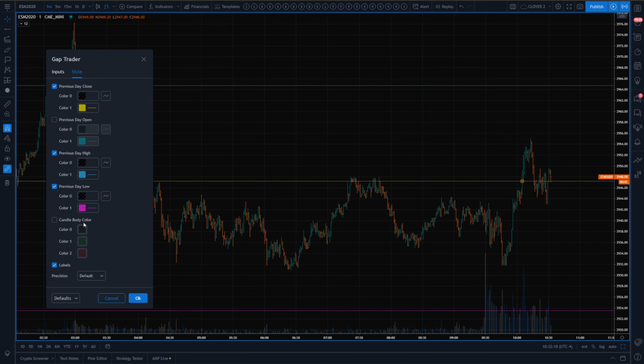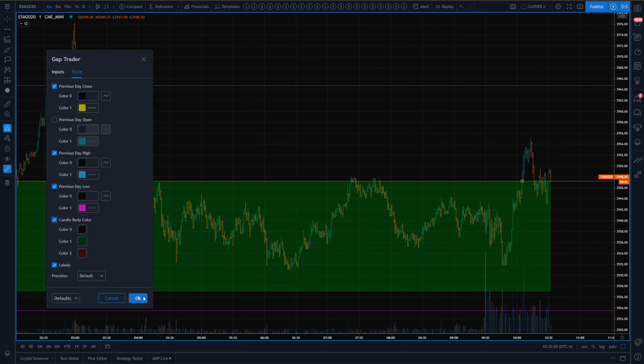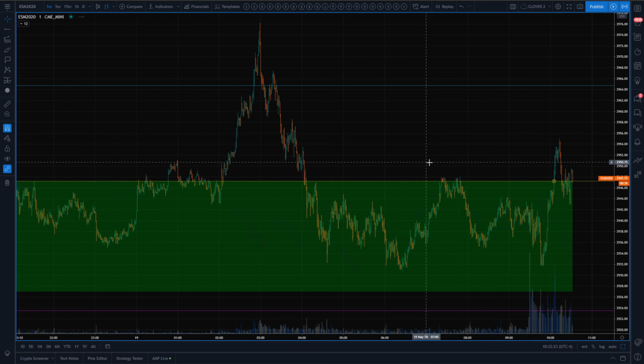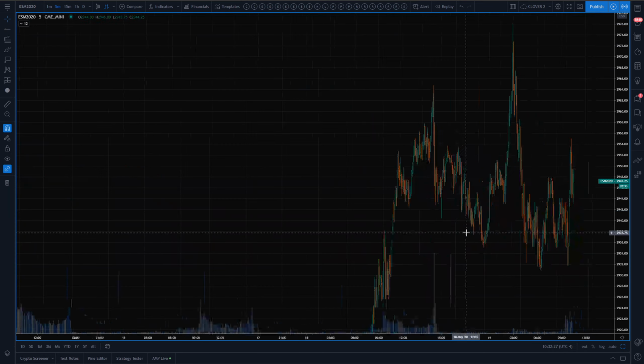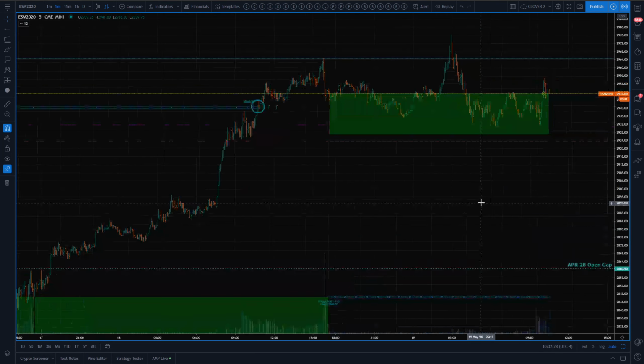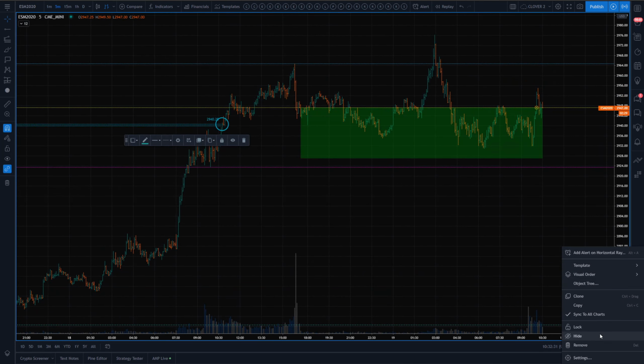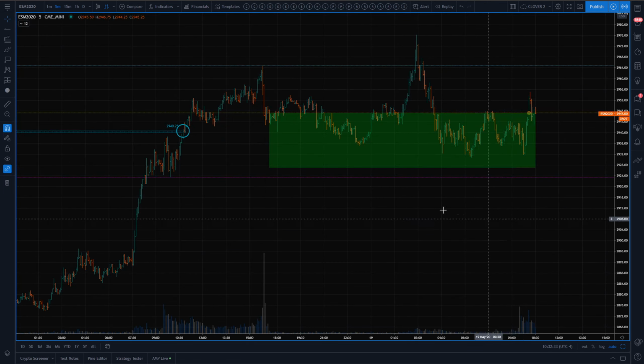I can also show the candle body color, which I have actually done in an interesting way that's not like the candle plot, the multi-time frame candle plot indicator. It's actually overlaying the previous day's candle body over the top of the current session.